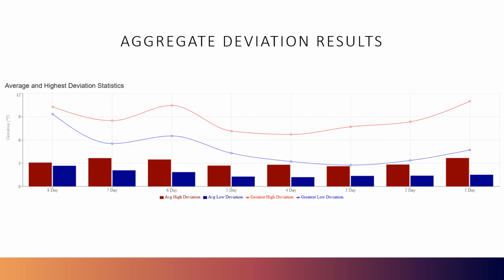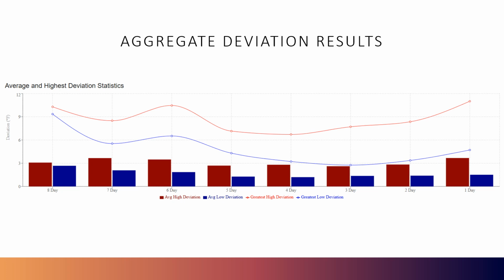The next graph that we're going to look at is the aggregate deviation graph, and there's a lot to unpack with this graph. The first thing that we're going to look at is the bar charts. Similar to the last graph, on the x-axis we have the forecasted days. On the left is the 8-day forecast, and on the right is the 1-day forecast and all the days in between.